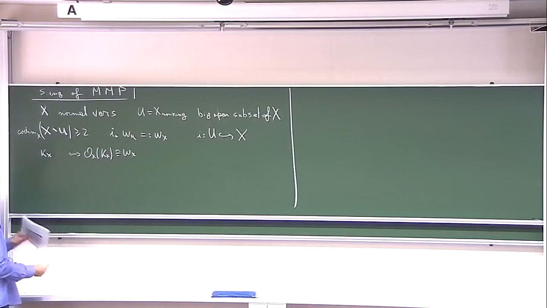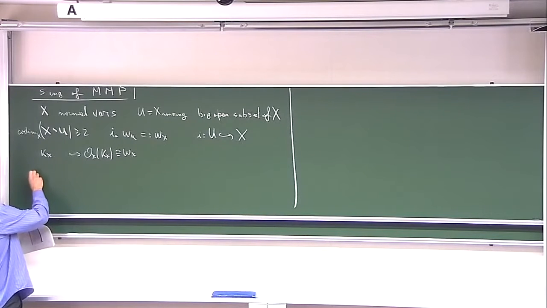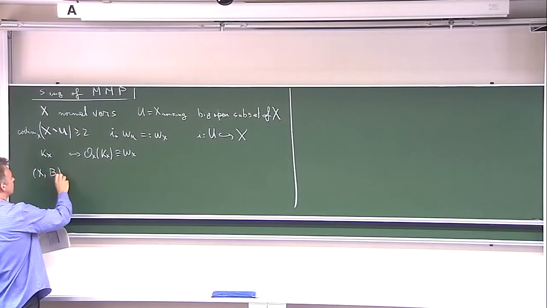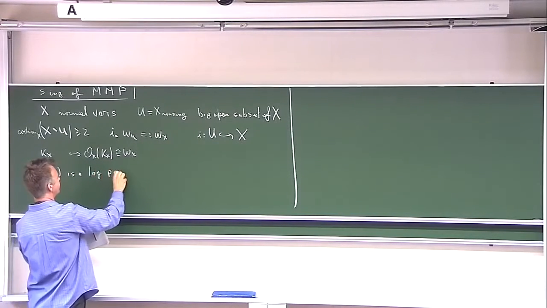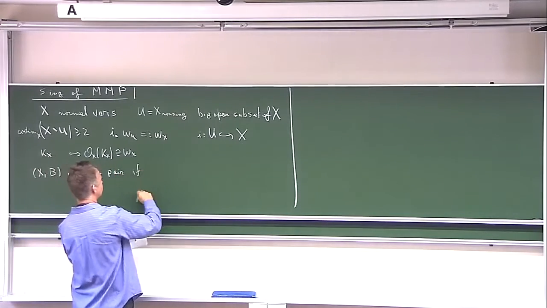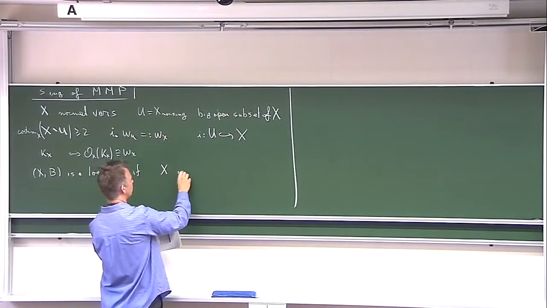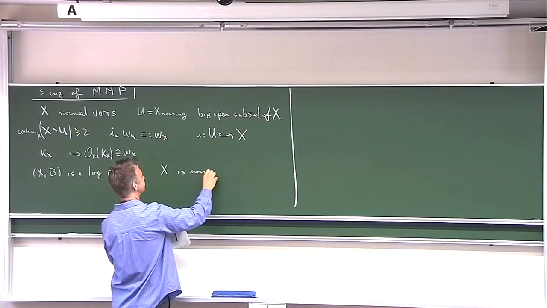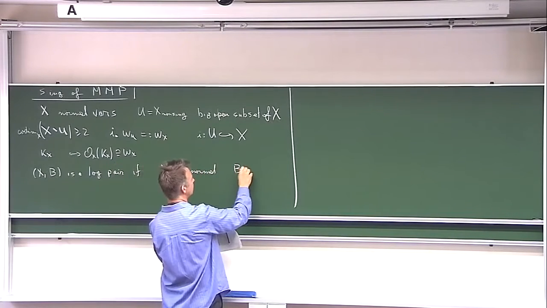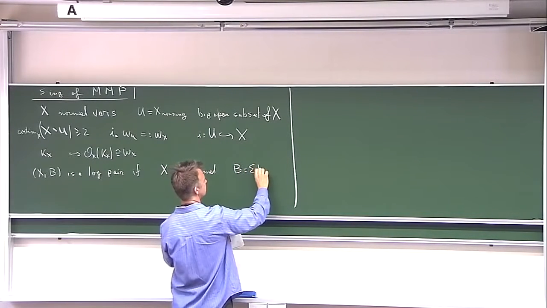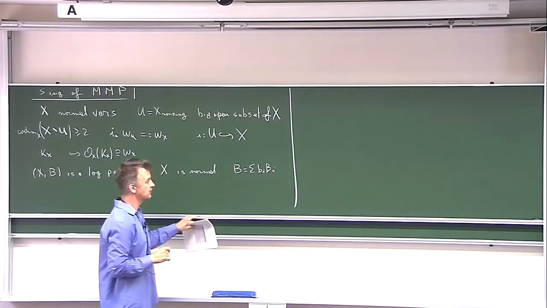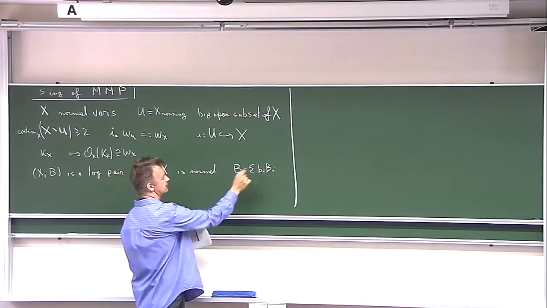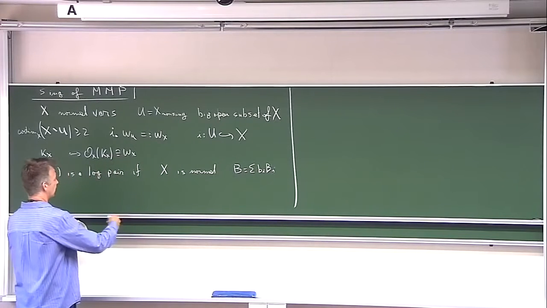Now, what is a log pair? A pair (X, B) is a log pair if, first of all, X is a normal variety, and B is an R-divisor. By B_i, I'm denoting the prime components of this divisor, and these little b_i's are the corresponding coefficients.